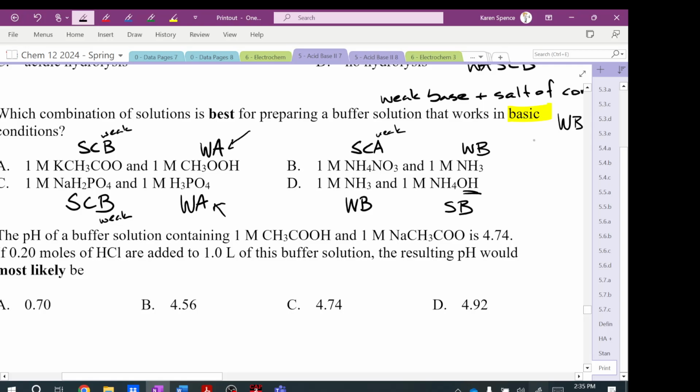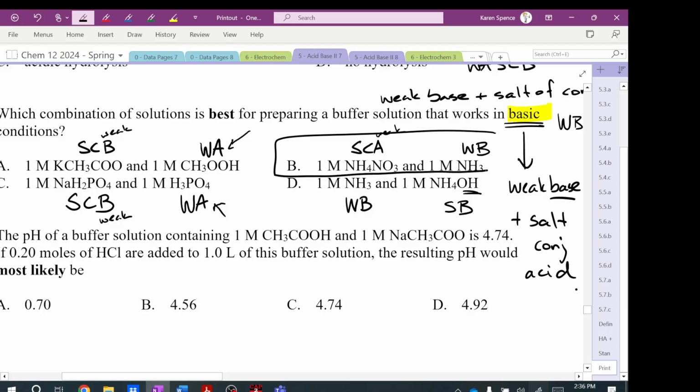The grade 12 answer to this, not the university answer, is that if you want a basic buffer, you want a weak base plus the salt of the conjugate acid. That one.